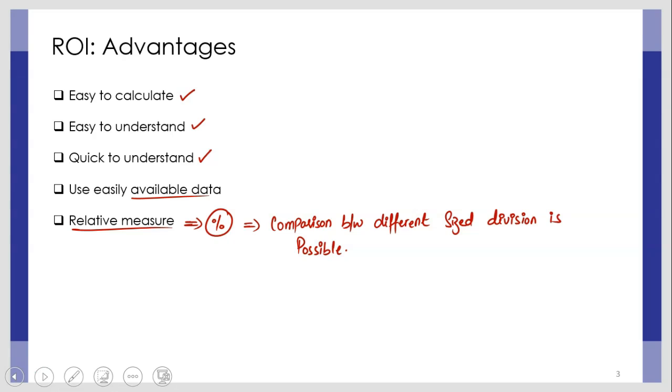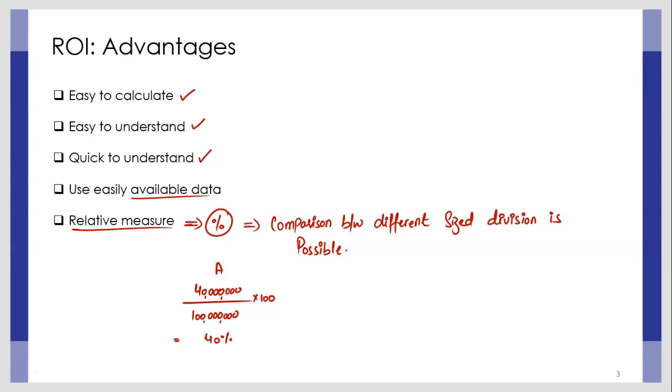For example, if I talk about division A and division B, division A has a profit of 40 million and they have investment of 100 million times by 100 and their return on investment is 40%.